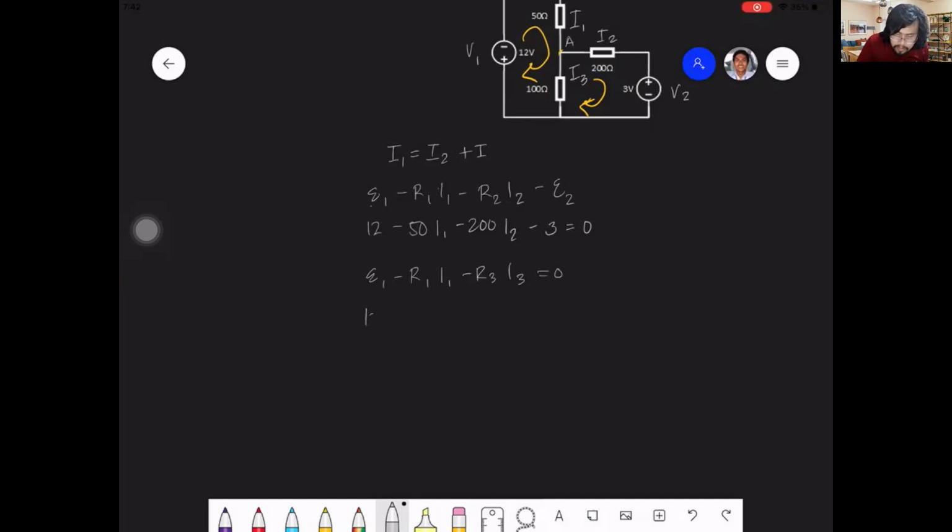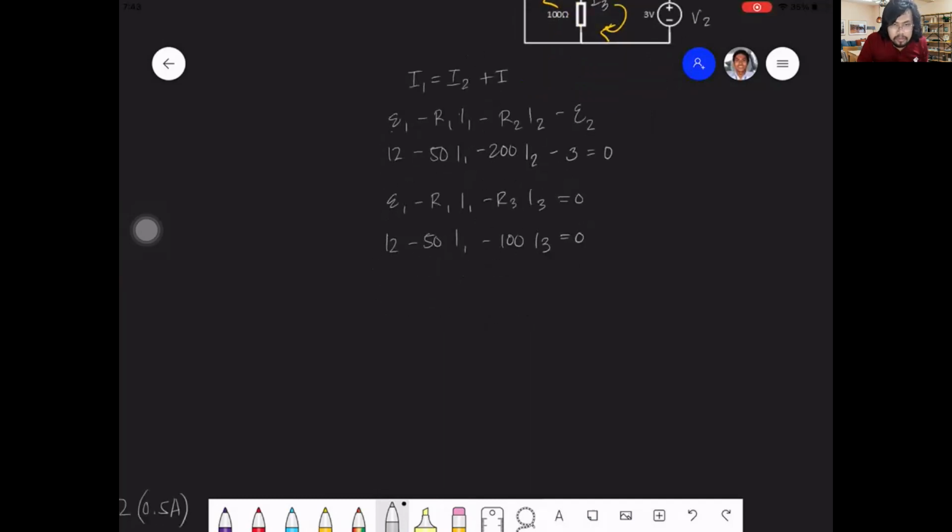So we have 12 minus 50 I1 minus 100 I3 equals 0. Okay, we now substitute the first equation into equations 2 and 3.